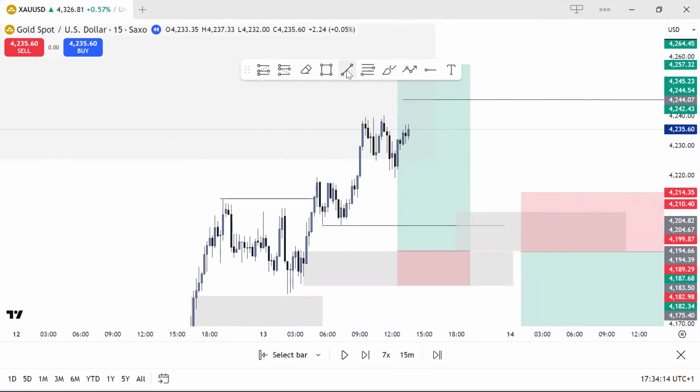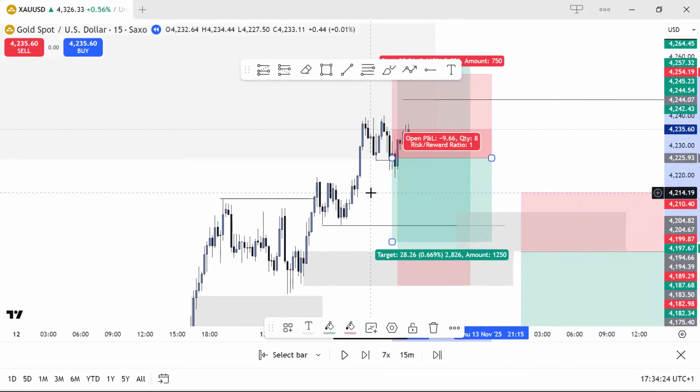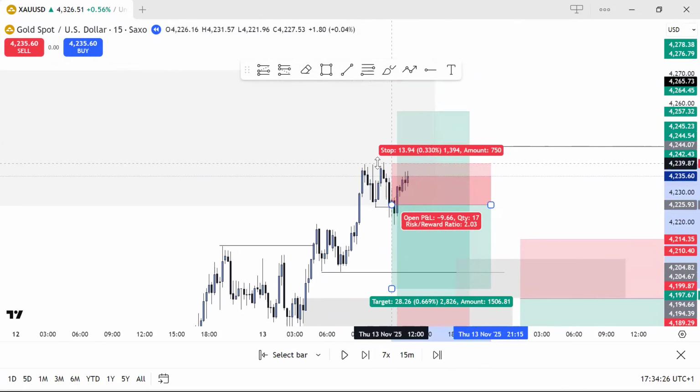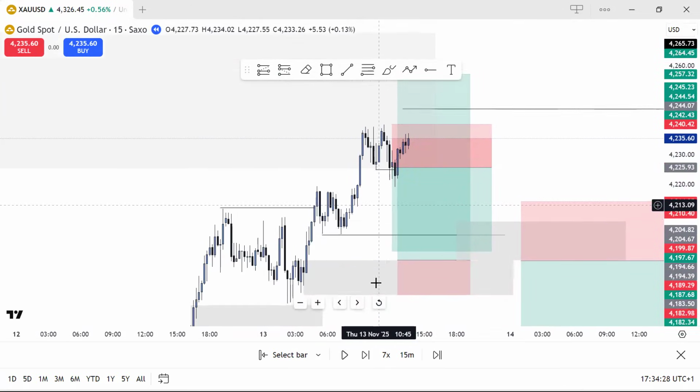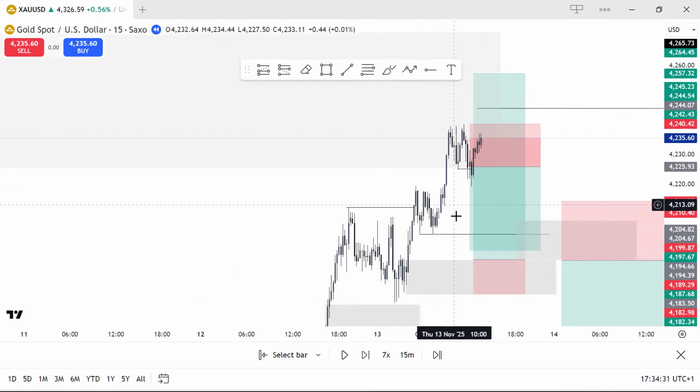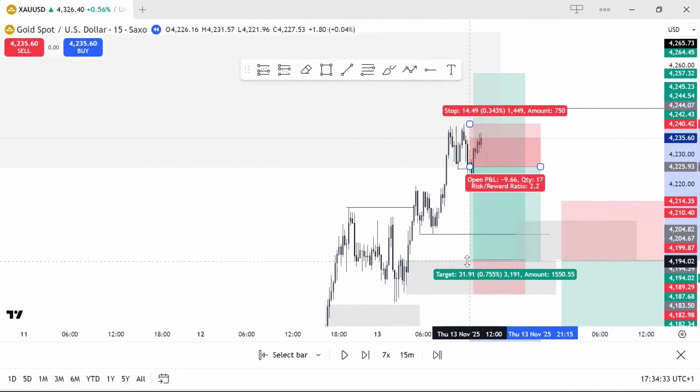You would have done this, right? Break of structure, then let's say you want to use this. So price comes into it again. That's what you do. But this is not really a very nice entry because of the price action. But you'd have done this and let's see what happens.